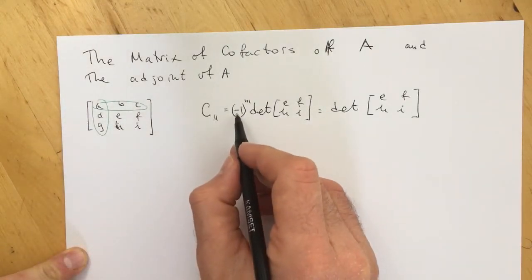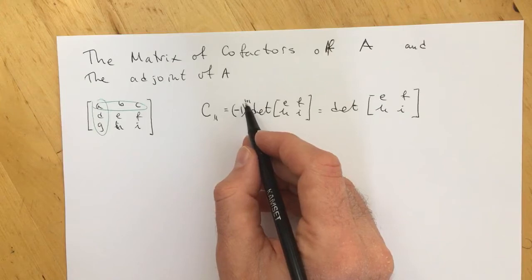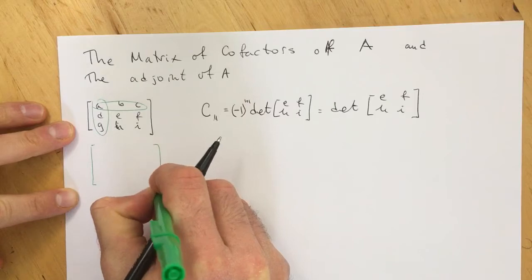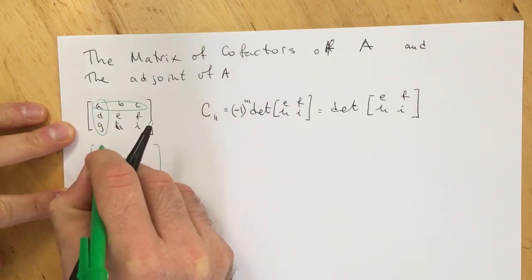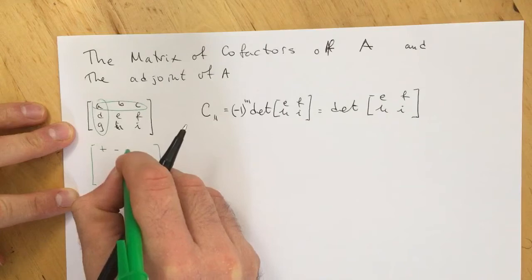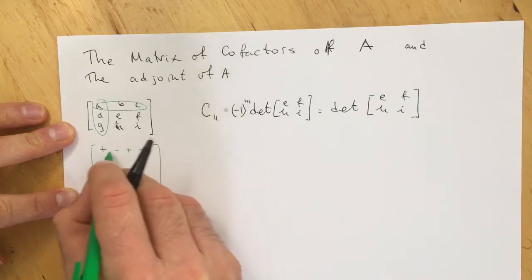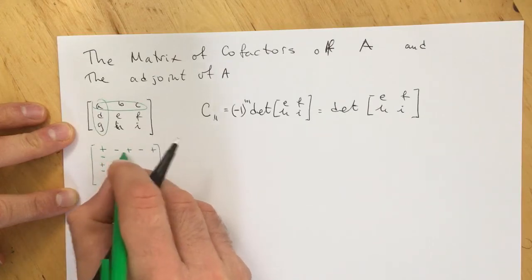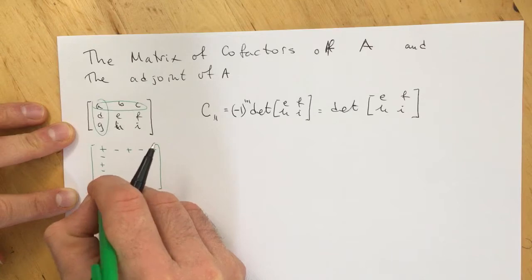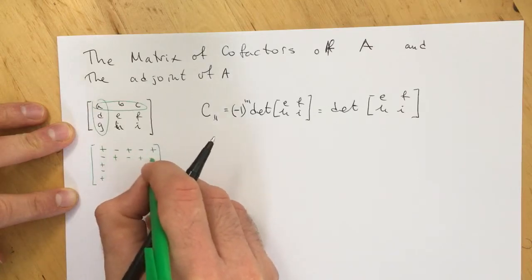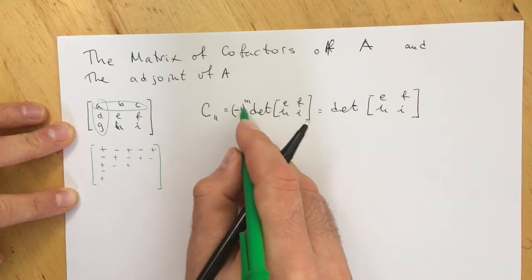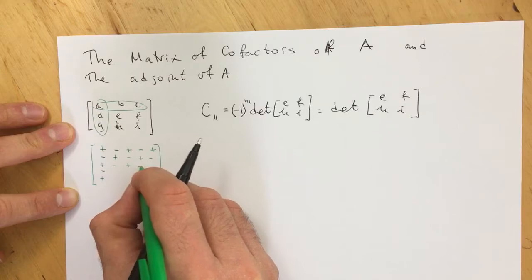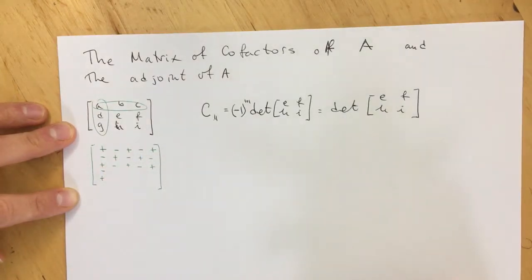Instead of evaluating this -1 to the power depending on whether it's an even or odd cofactor, just remember that the top leftmost entry is positive, and that for every consecutive entry the sign will alternate. So positive, negative, positive, and then here it's going to be negative, positive, negative, positive. So that way you can simply plug in the number, and plug in the sign, whether it's positive or negative, depending on its position in the matrix.